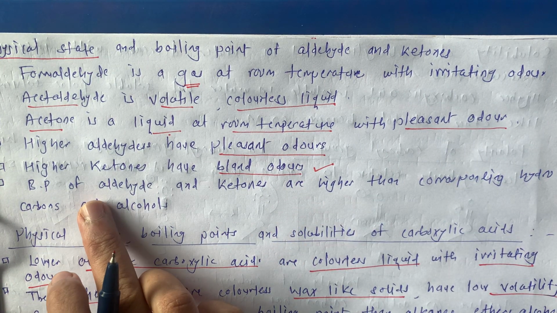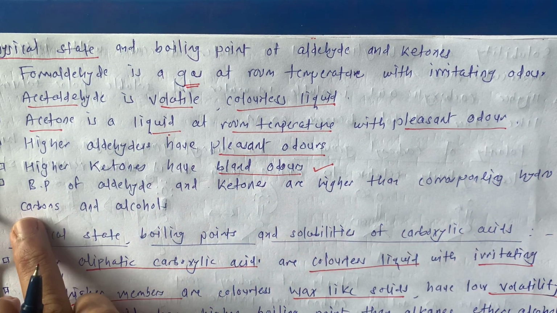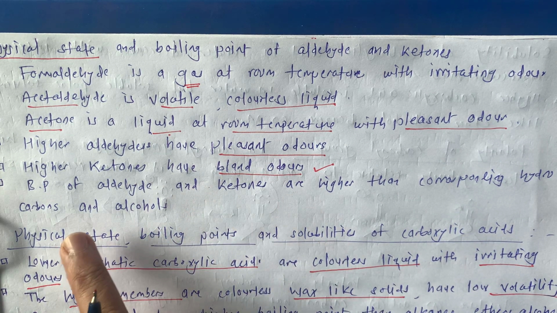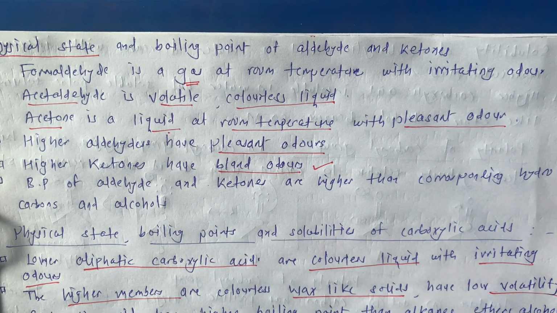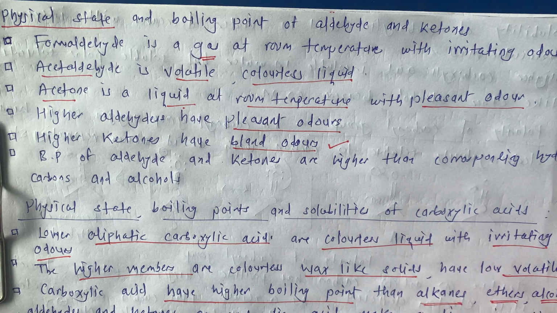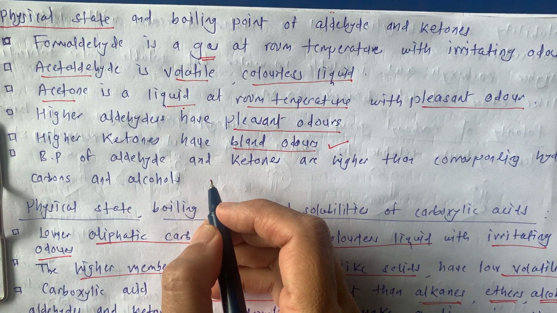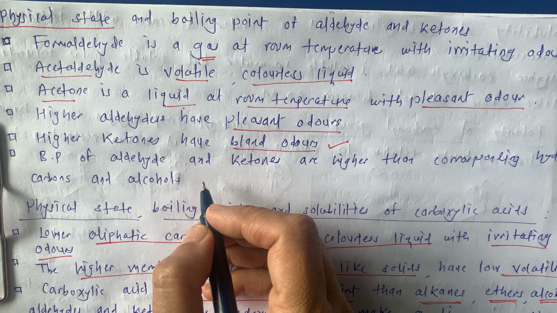Now the next one: the boiling points of aldehydes and ketones are higher than corresponding hydrocarbons and alcohols. This is very important. Means what? See now. You can see our previous chapters. In 11th standard we studied hydrocarbons, then in our 12th standard we studied alcohols, and now we are studying aldehydes and ketones.